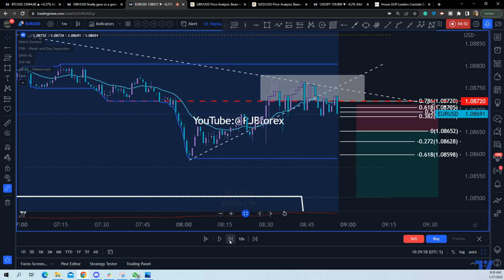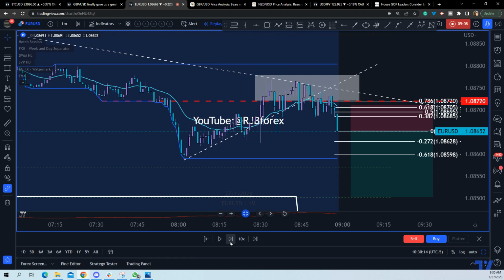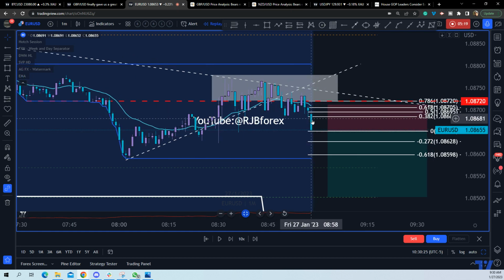So now we had an M here, but we didn't get the engulfment of that retest to short. Now we've got this other M here, pin. So we've had the M, the pin, and the blow off. So that's the same as a pin and engulfment. So that's fine. So you can take that entry.